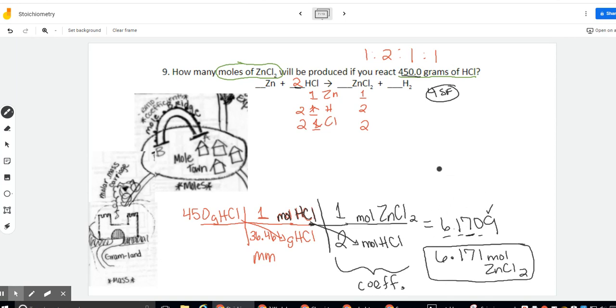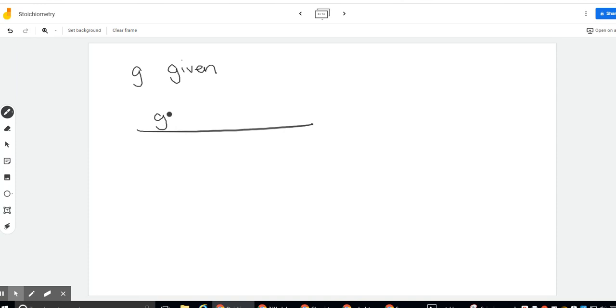All right, so just as a recap, what we're doing, okay, is if we start with grams, just remember that we are going to be having grams of A. We're going to bring our words down to the right and be changing into moles. We're basically traveling to Moletown.